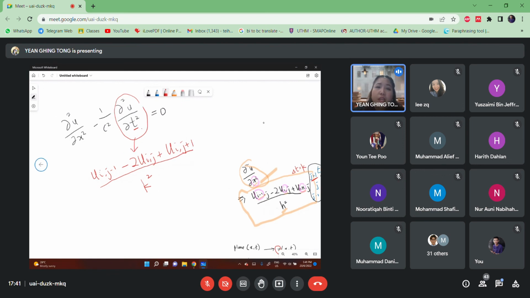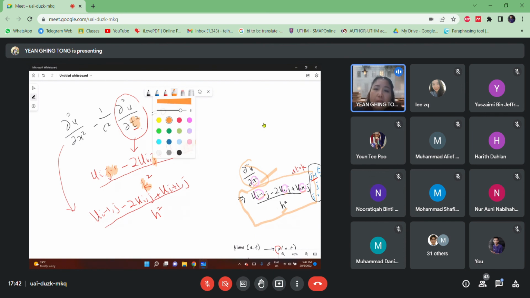Okay, again, this is what we are looking for now. So here this is U_I minus 1 J, minus 2 U_I J, plus U_I plus 1 J. This one is divided by H squared. Can you understand? This one, because it is with respect to T, will become K squared, and this one is J minus 1, J plus 1.